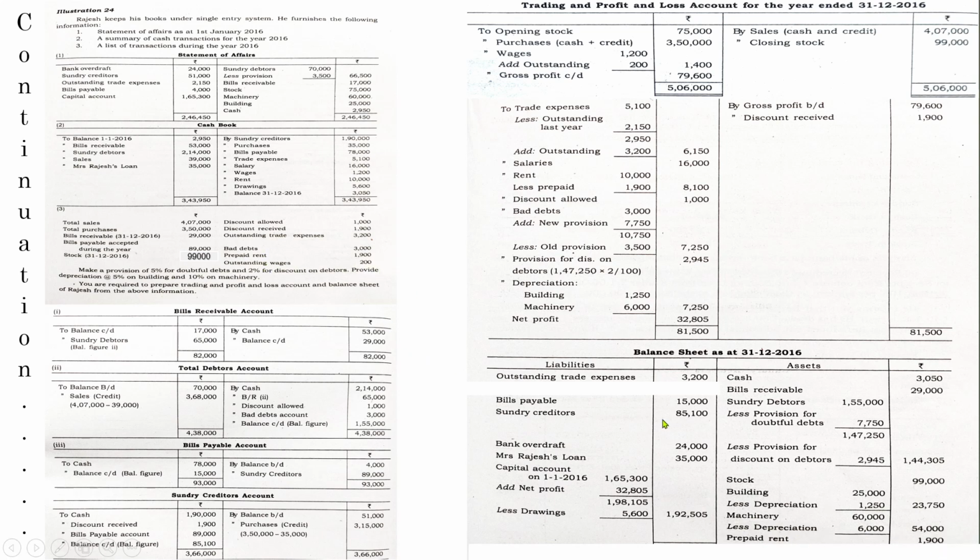It is a liability, show it on the liability side. Now go through additional information. Provisions we have adjusted, discount also adjusted, depreciation also adjusted. So we have adjusted everything. Now take the total of both sides. You will get 3,55,005. Make sure whether you are getting these amounts correctly.